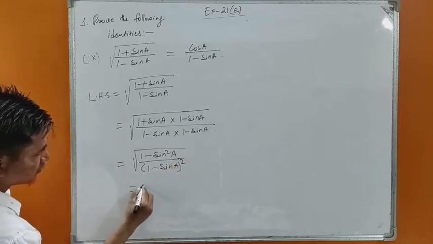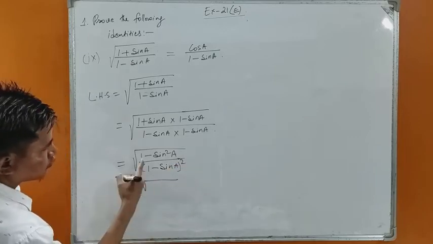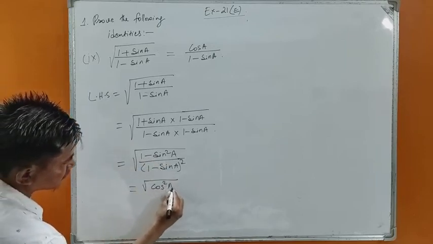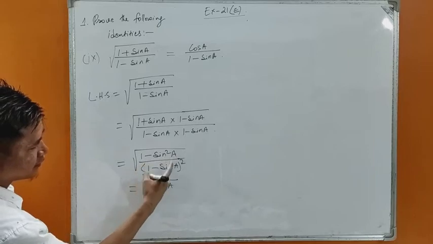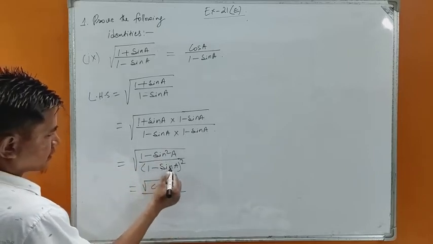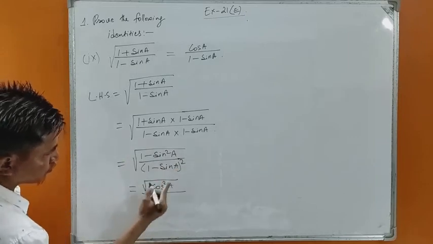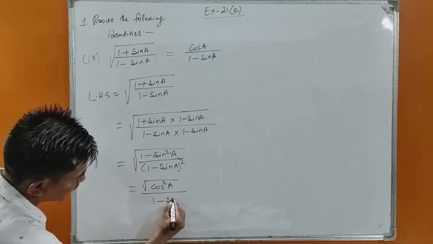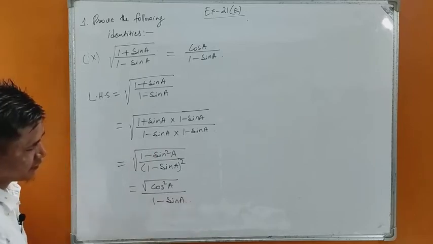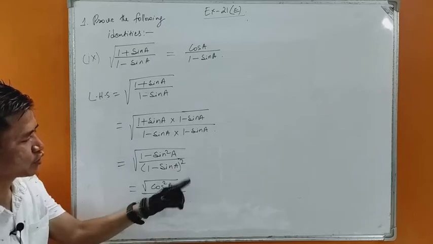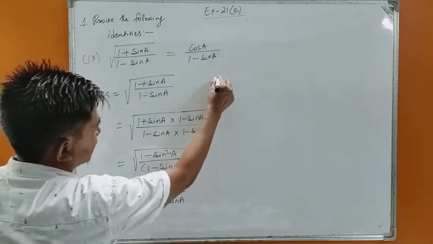So root under 1 minus sin square A is cos square A, isn't it? 1 minus sin square A means cos square A, and in the denominator we have 1 minus sin A whole square root. So this square and root can be cancelled, so 1 minus sin A remains in the denominator. Root and this square gets cancelled, okay?